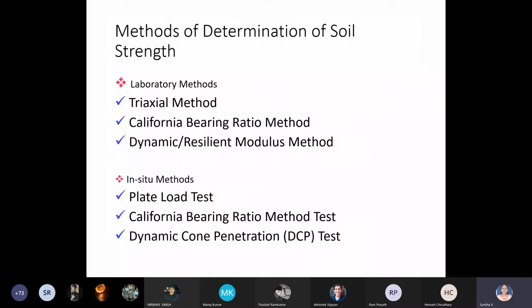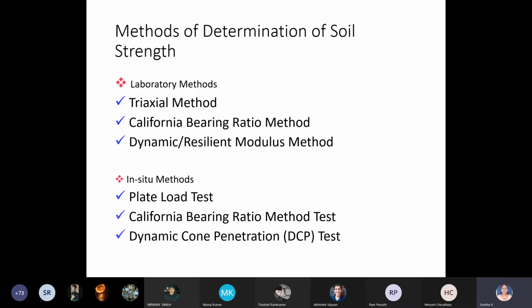And then apart from this, you should know how to do the triaxial method, California bearing ratio test, and the dynamic or resilient modulus test. Then in situ methods, meaning what you do in the field: the plate load test, and this California bearing ratio method.